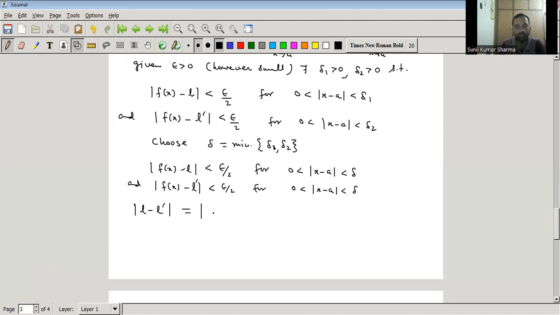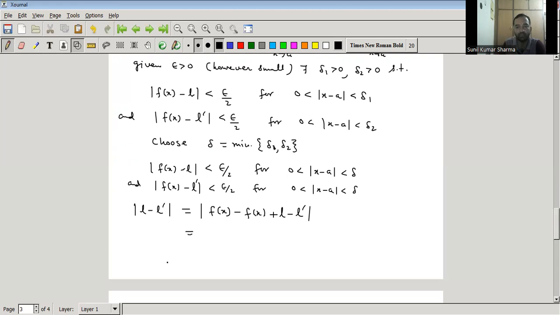So we use the curry leaf concept. What we do, we add f(x) and we write this as f(x) minus f(x) plus L minus L dash. So we add f(x) and subtract f(x). This concept is called the curry leaf concept.